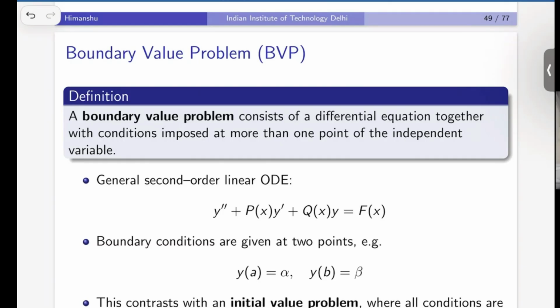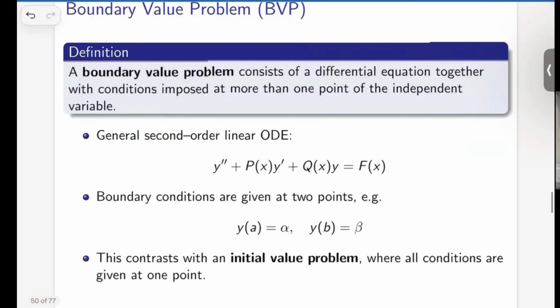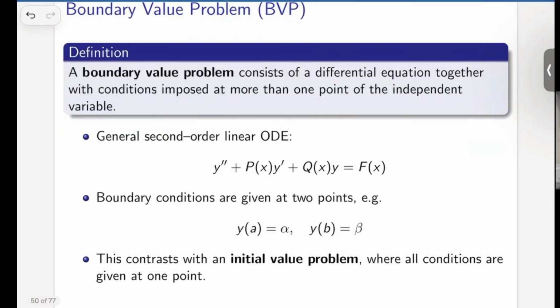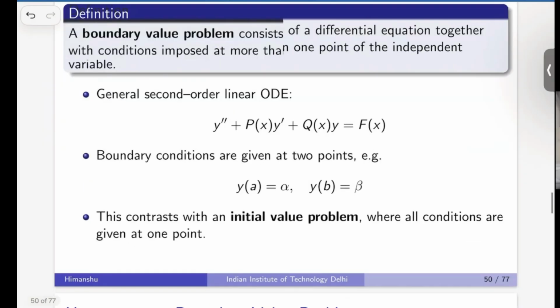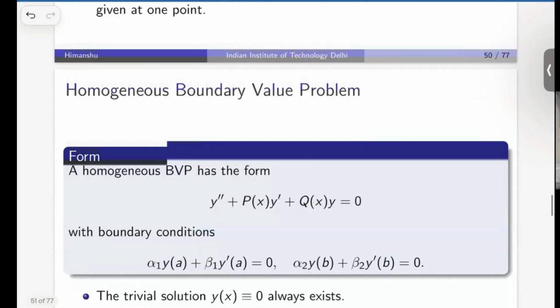Then we have our conditions on the endpoints, which are the boundary points in the real line. So the interval [a, b], where a and b are the boundary points. These are called boundary value problems.